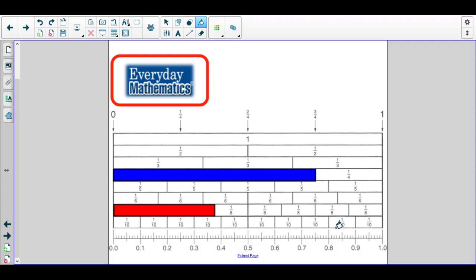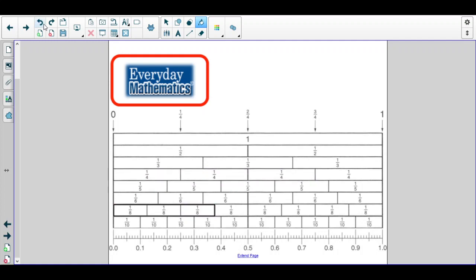So I thought this was a great tool for comparing. Later on, we're going to use this as a tool for showing equivalent fractions, which is a concept that can sometimes be difficult to understand. But I will make this available as a resource, probably a clickable link on our homepage.